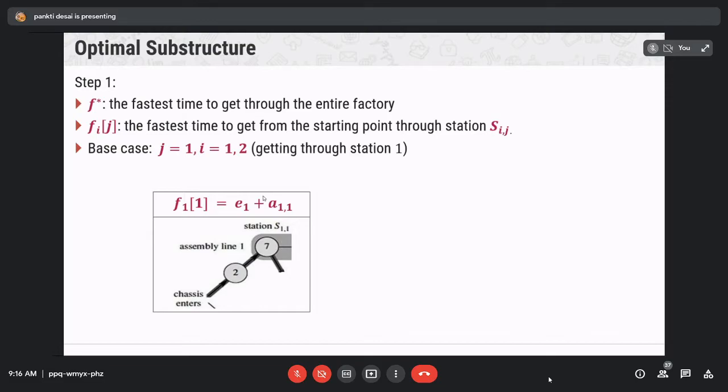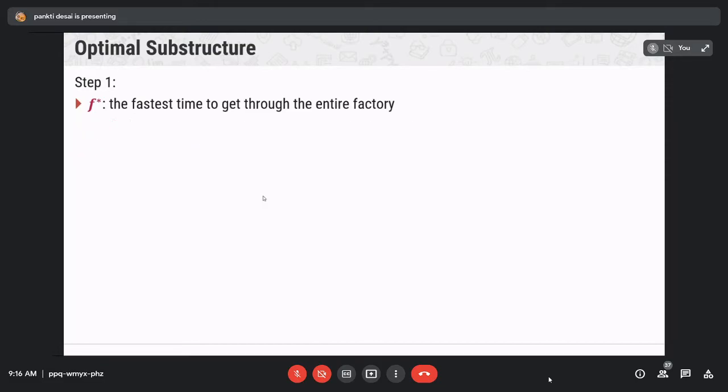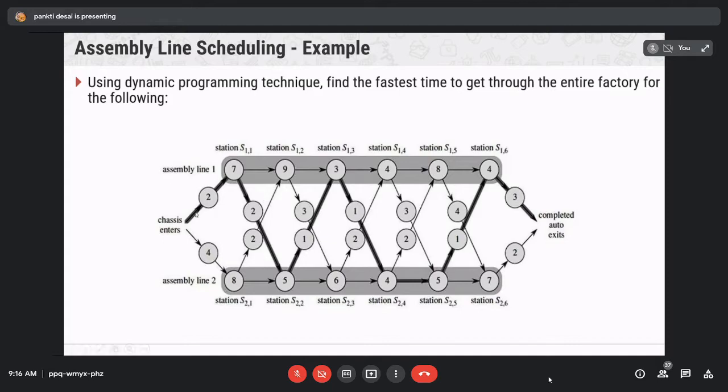F11 is equal to, now see in this figure, this is your E1 plus A11. So F11 is the time to reach station S11.